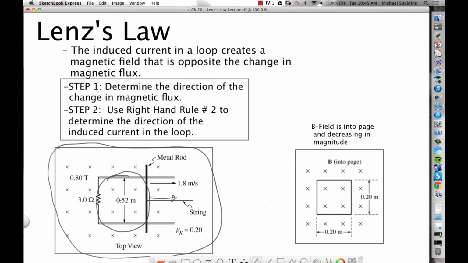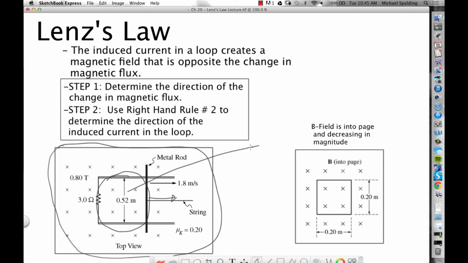Is that letting more magnetic field into the loop or less? If this bar goes to the right and the area opens up, is that allowing more magnetic field in or less? More. It's allowing more magnetic field into the loop because the loop is getting larger.